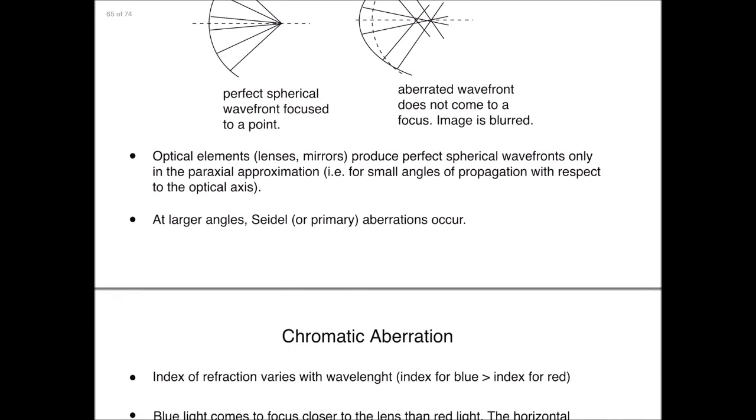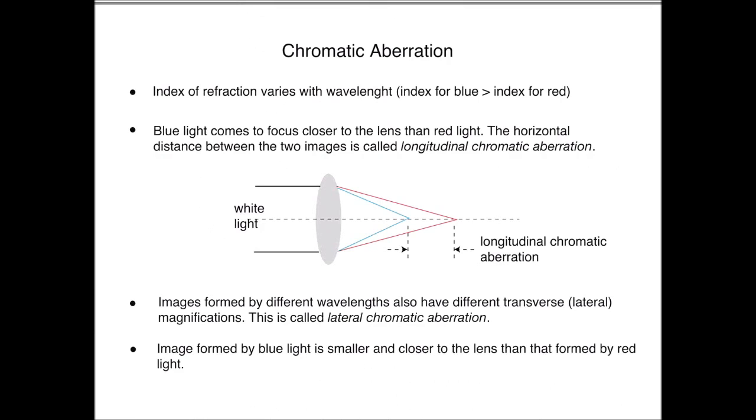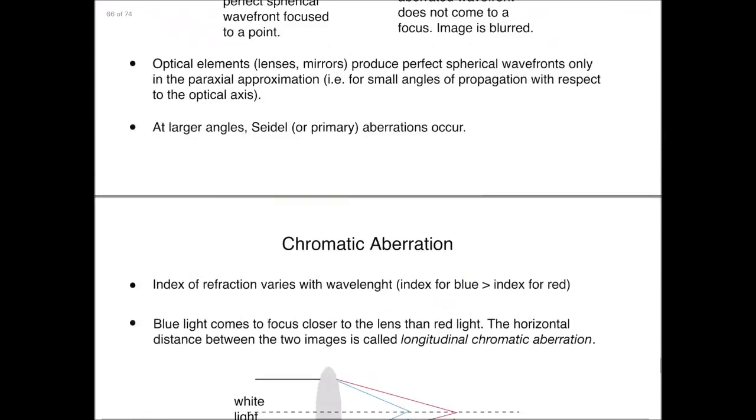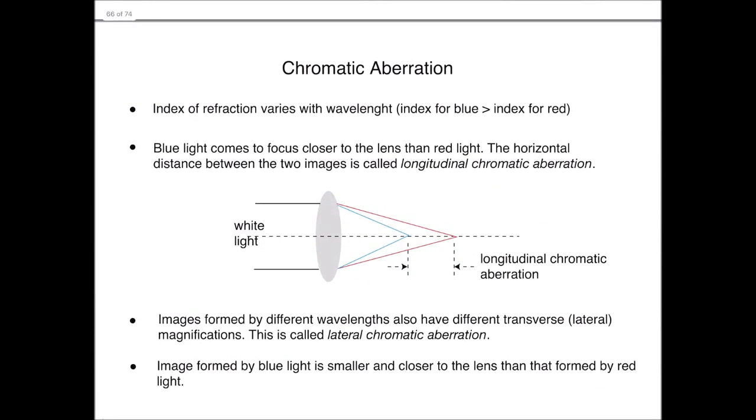Optical elements like lenses and mirrors are always prone to these imperfections, which hinder the ideal processing of light in most situations. So let's look at one of those aberrations.